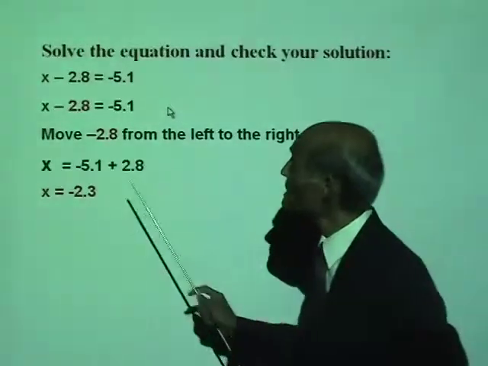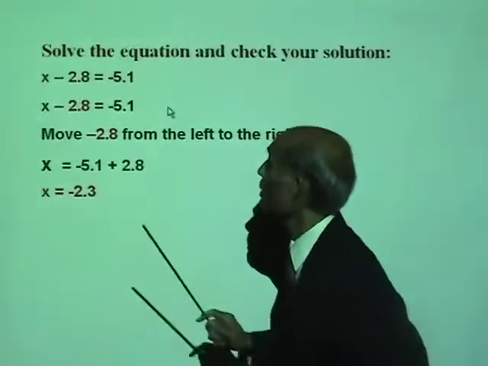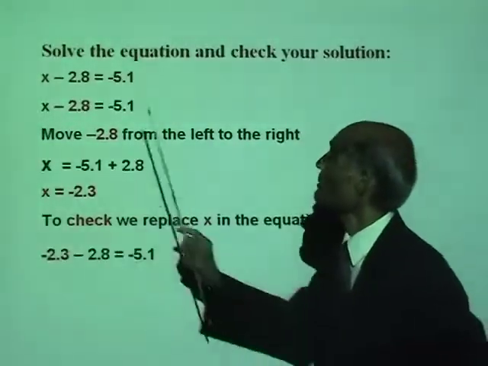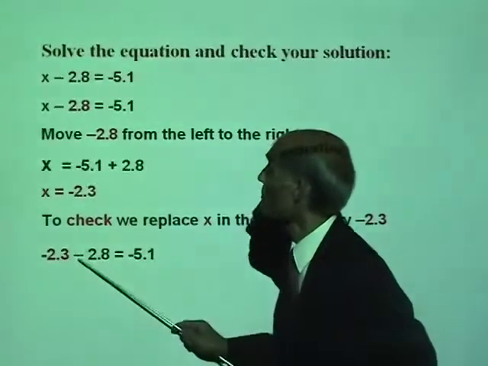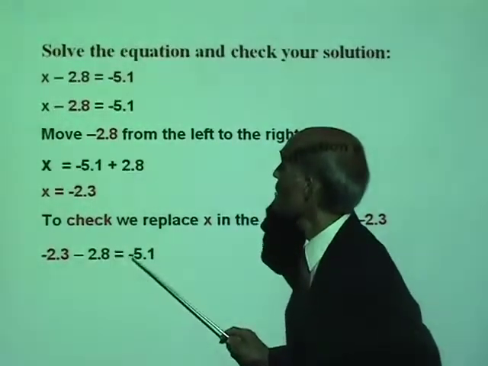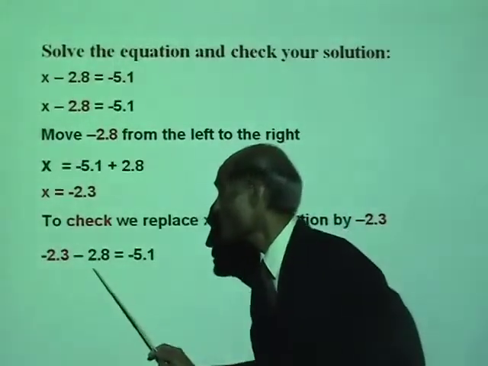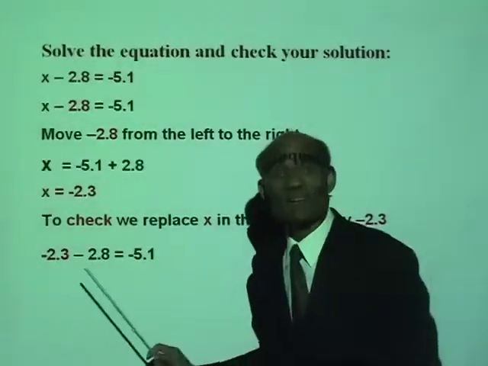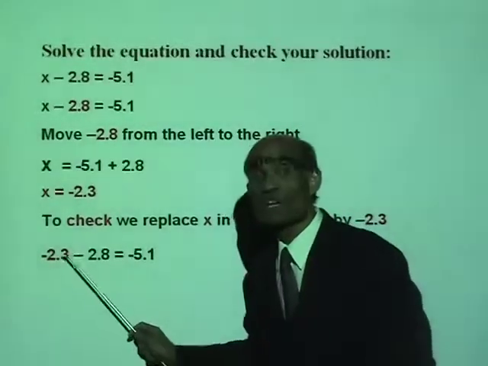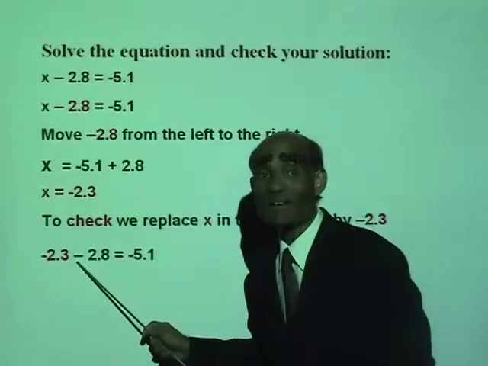Okay, let's test it. Replace x here by negative 2.3. That will be negative 2.3, that is the value of x, minus 2.8 equal to negative 5.1. Alright, what is negative 2.3 minus 2.8? They are both negative numbers, so add them together and use the negative sign.